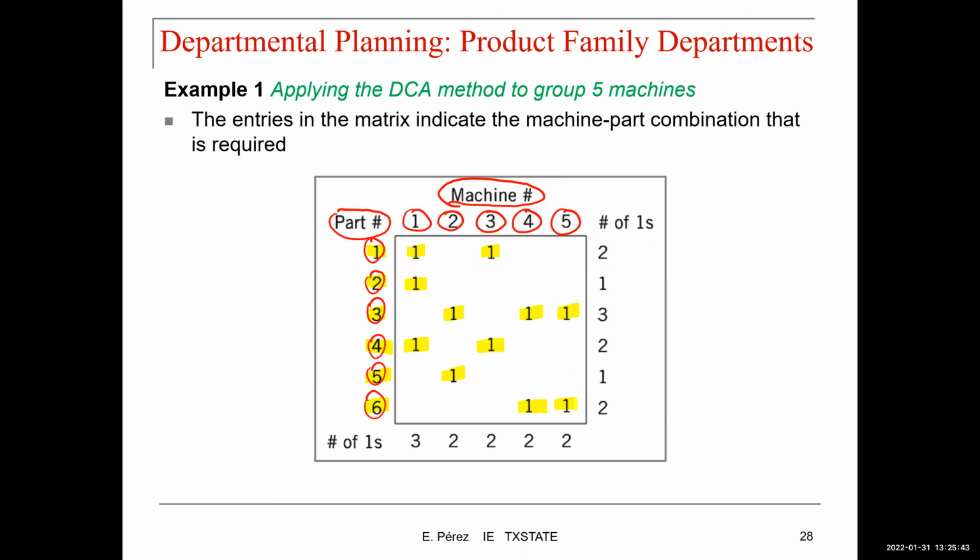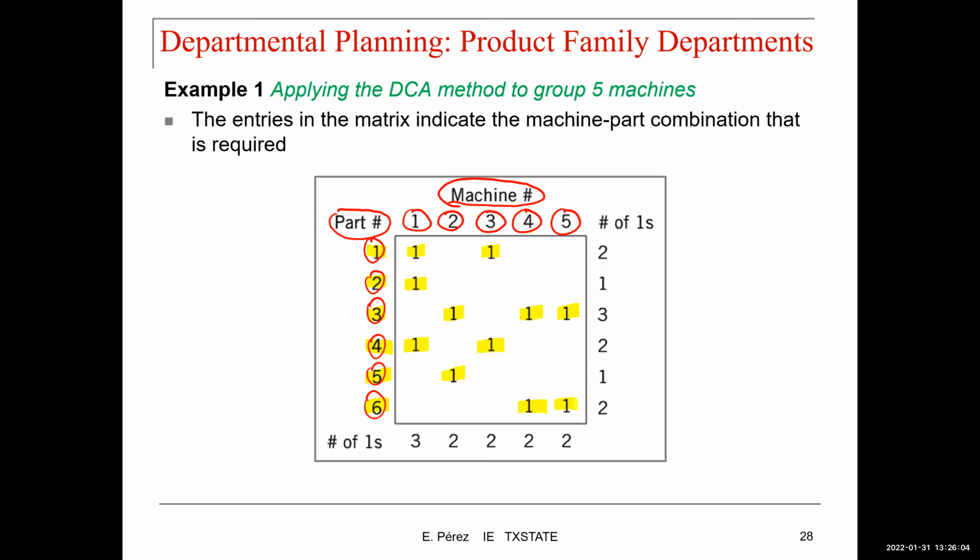The question is, using this information, can we design some manufacturing cells? Meaning, can we separate these machines into cells so they can focus on specific parts? That's what we are trying to do.